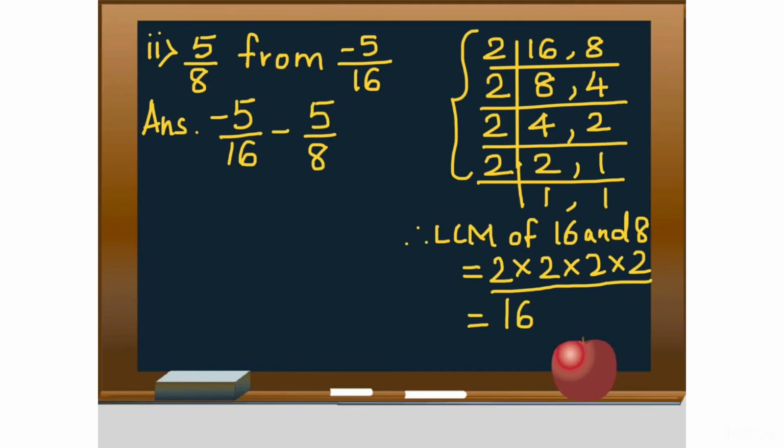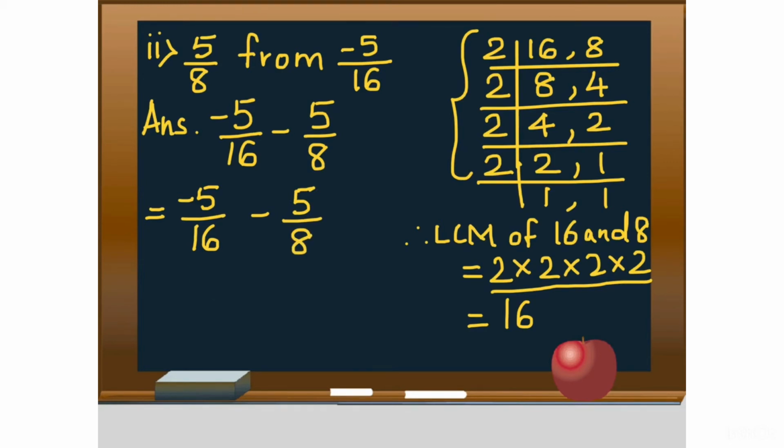Therefore, LCM is equal to 16. Now, we are going to make the denominator of each rational number equal to the LCM, that is 16. So, this expression is equal to minus 5 by 16 minus 5 by 8.